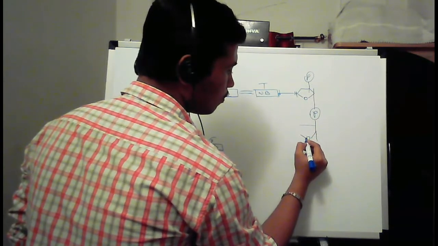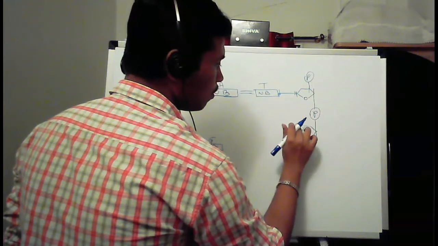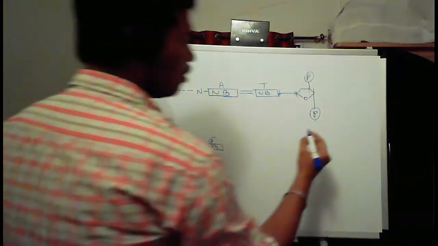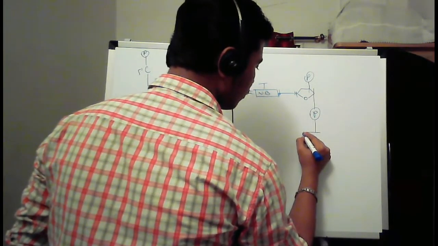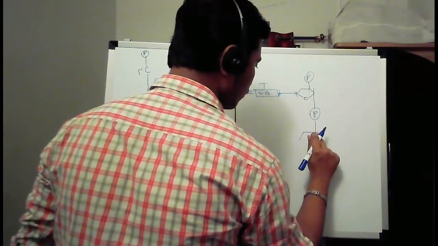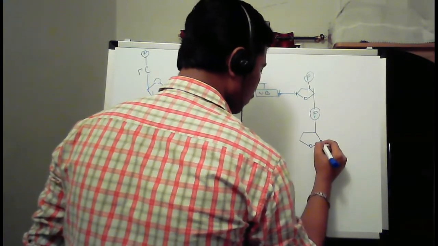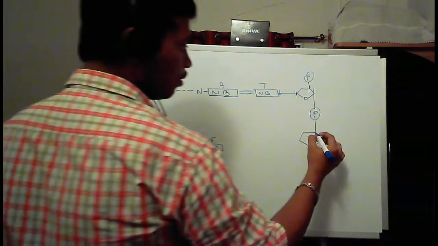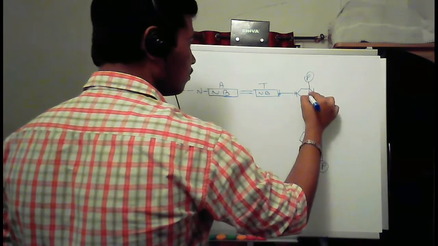This is oxygen. Sorry, no, mistake. And there, this P is again bound to this 3' guy now, which is again upside down. It's bound to 3'. This is the H of 3'.